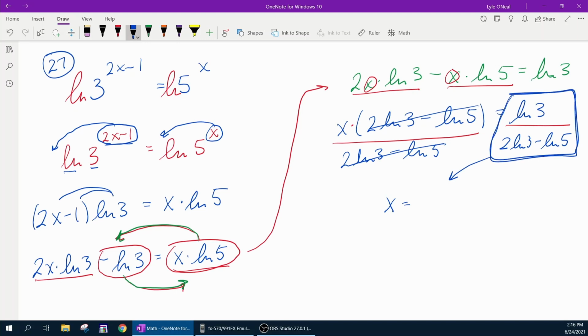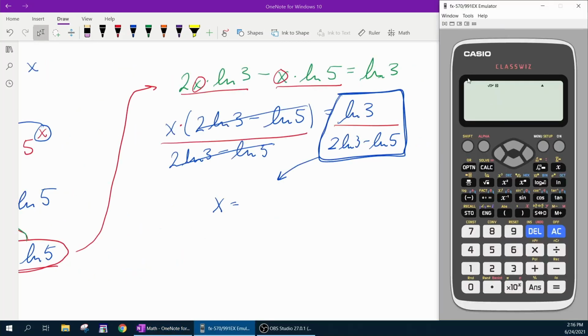But if it says round to the nearest tenth or hundredth or 3 decimal places, we're going to need a calculator. So bringing up our Casio Class Wiz, we're going to start with the fraction button.